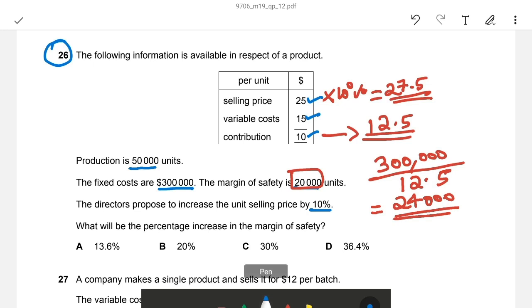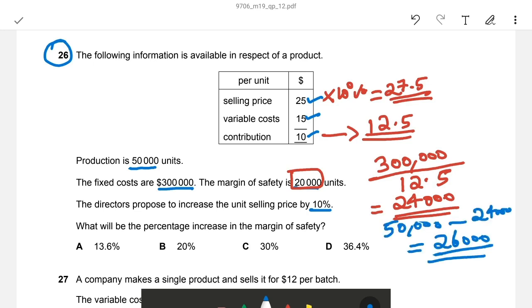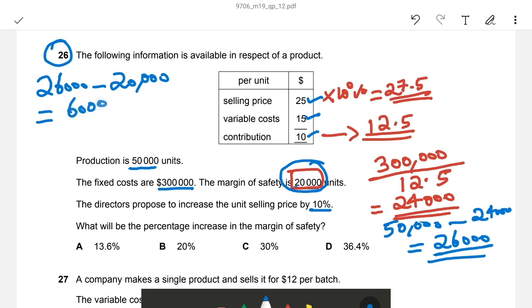So what is the difference? 50,000 minus 24,000. So the new margin of safety at the increased selling price is 26,000. But the old margin of safety is 20,000. How much increase? 26,000 minus 20,000, 6,000 increase.